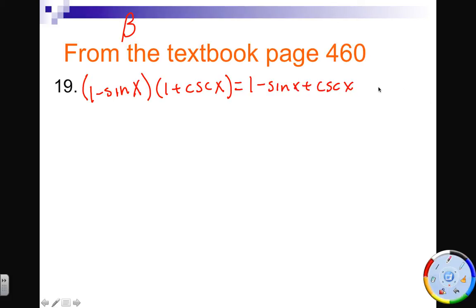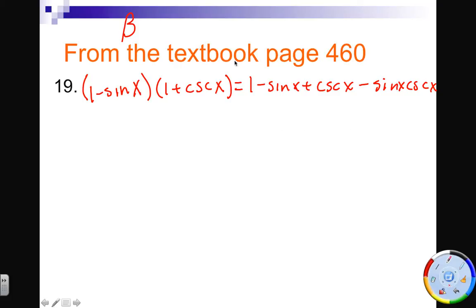The question here is: 1 minus sine x times 1 plus cosecant x equals 1 minus sine x plus cosecant x minus sine x cosecant x.